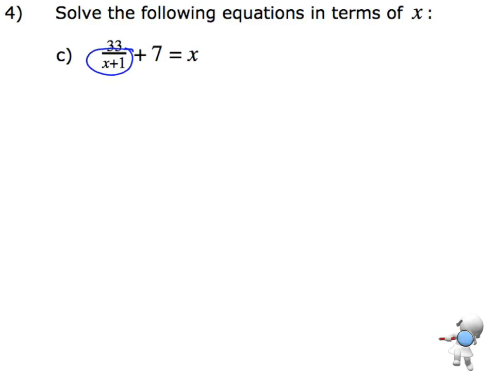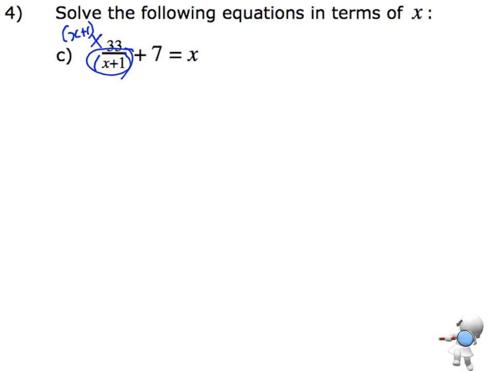On here, for the first part, I'm dividing by x plus 1, and I'm just going to put brackets around that to remind you we're dividing by that whole thing. In order to get rid of that, I need to multiply every term in this equation by x plus 1. So I am going to multiply this first piece by x plus 1.